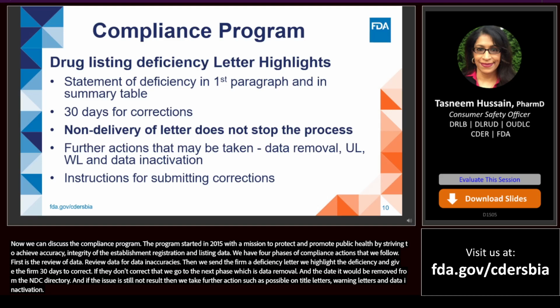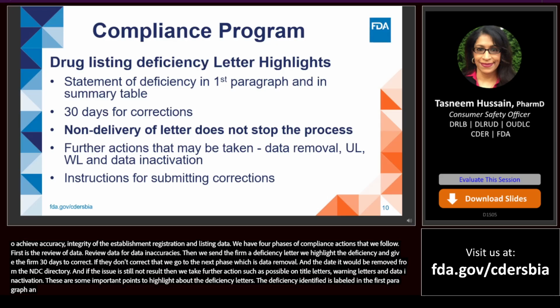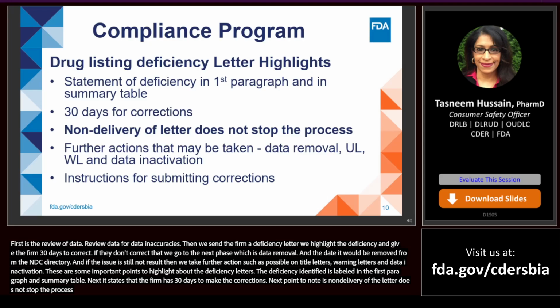These are some important points to highlight about the deficiency letters. The deficiency we identify is clearly stated in the first paragraph and in the summary table. Next, it states that the firm has 30 days to make the corrections. Next point to note is non-delivery of the letter does not stop the process, meaning that if the firm does not update the contact information, this will not relieve the firm from its listing obligations.